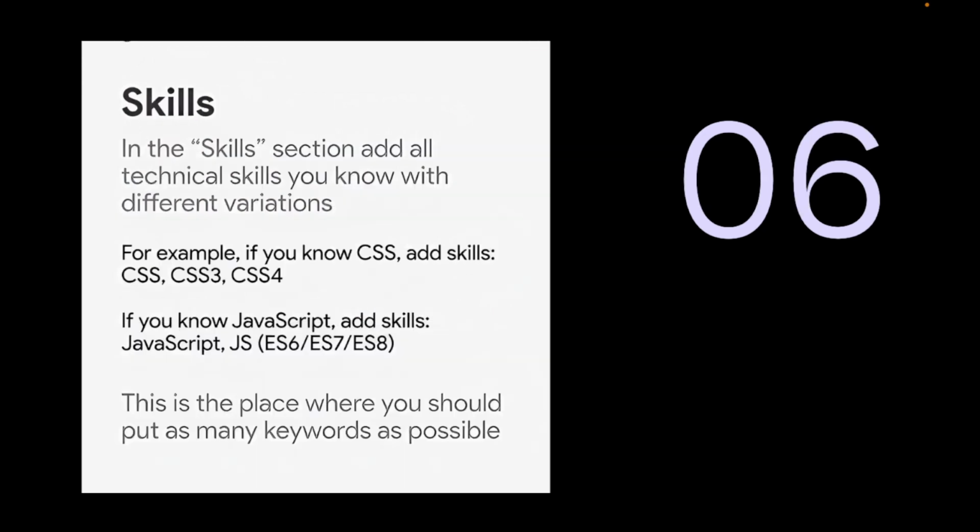So the last part is your skills. Let's talk about our skills. I'm a DevOps engineer. My skills are Kubernetes, AWS for Amazon cloud, Azure for Microsoft, GCP for Google Cloud, Docker for containerization.